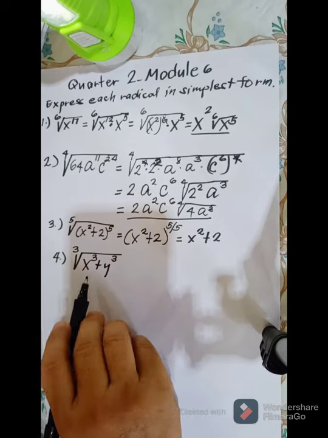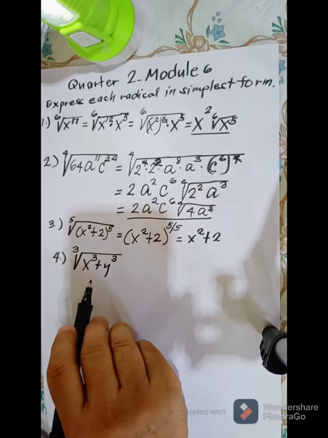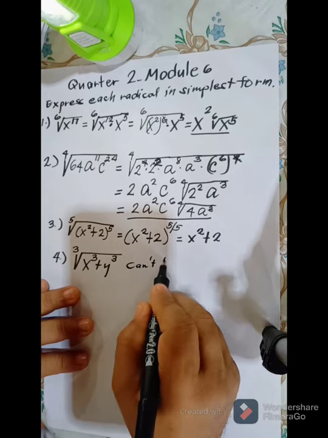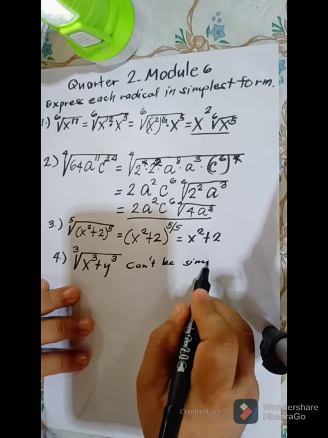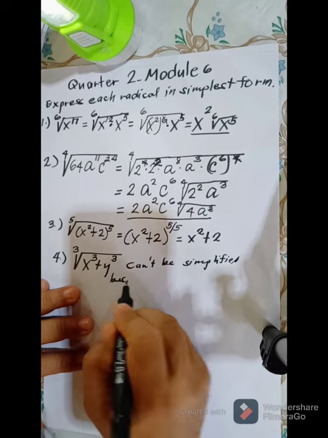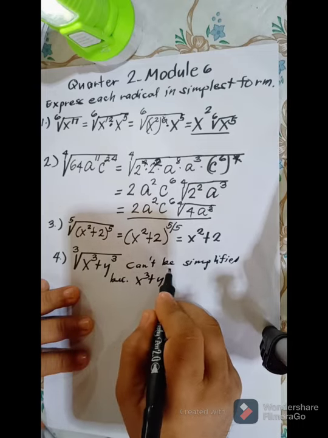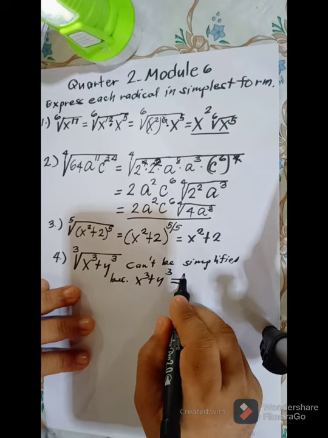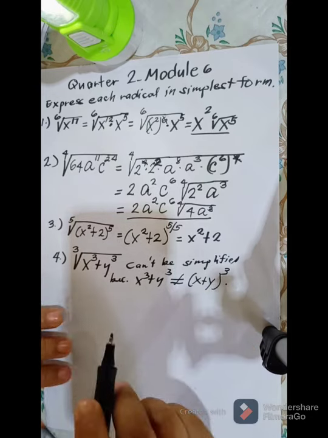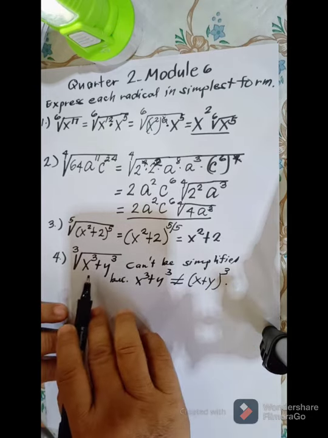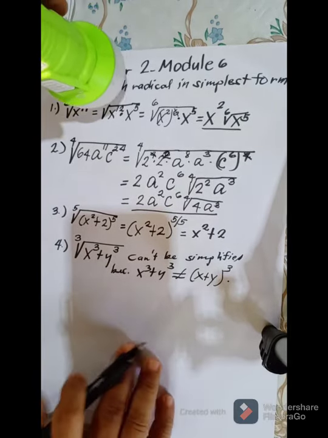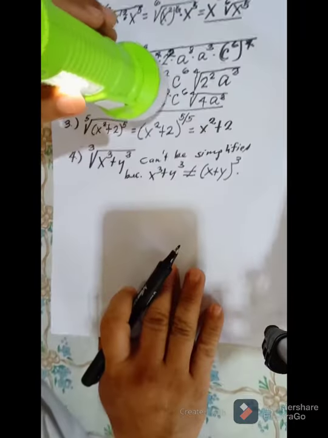Now take note that this cannot be simplified, simply because x cubed plus y cubed is not equal to the quantity x plus y raised to the third power. So the cube root of x cubed plus y cubed is already in the simplest form and cannot be simplified anymore.